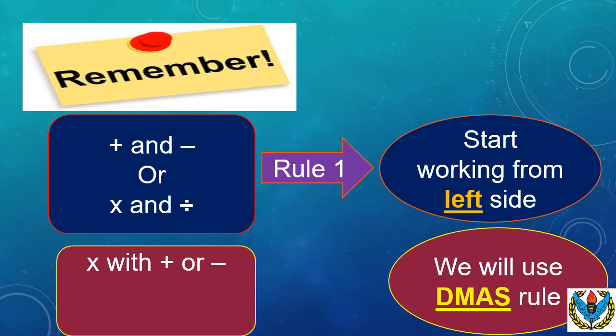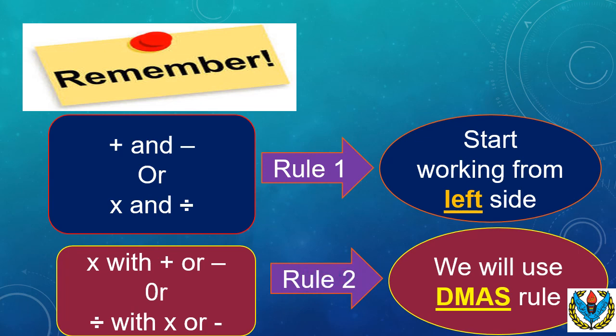D for division, M for multiplication, A for addition and S for subtraction in this sequence. Or if it comes division operation with multiplication or subtraction, then you will also use the DMAS rule, and this is according to the rule number 2.